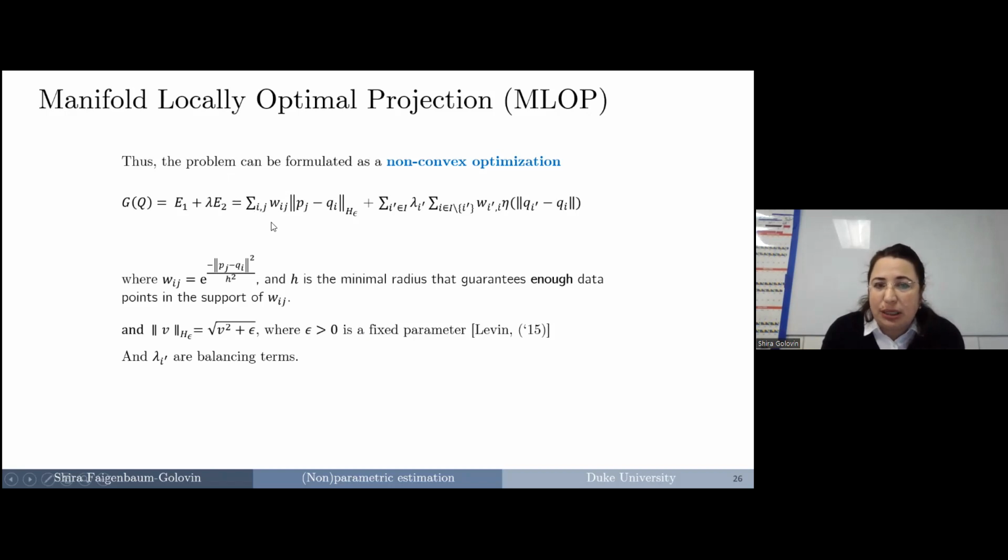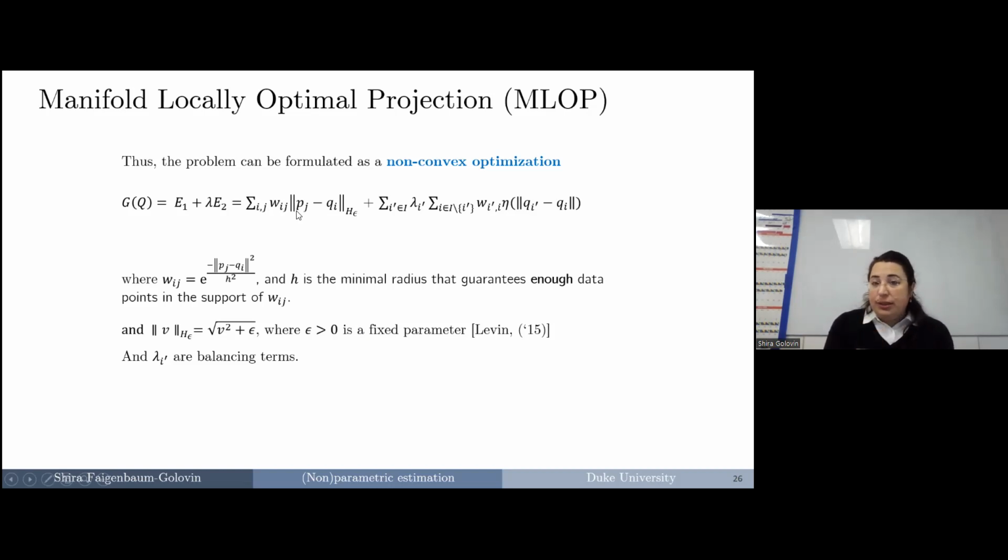That's what is determined by those weights, Wij, which are basically Gaussians, and they contain the information of the distance of those Qi points from the Pj's, and we have here H. H is related to the fill distance of the points, the representative distance between different points. So we're basically asking to average in each neighborhood of Qi the Pj points using those weights.